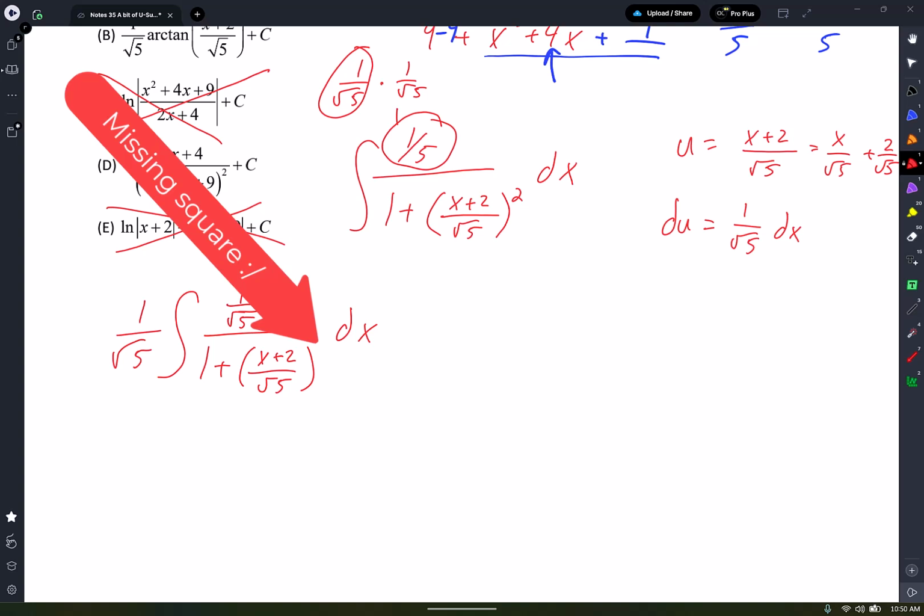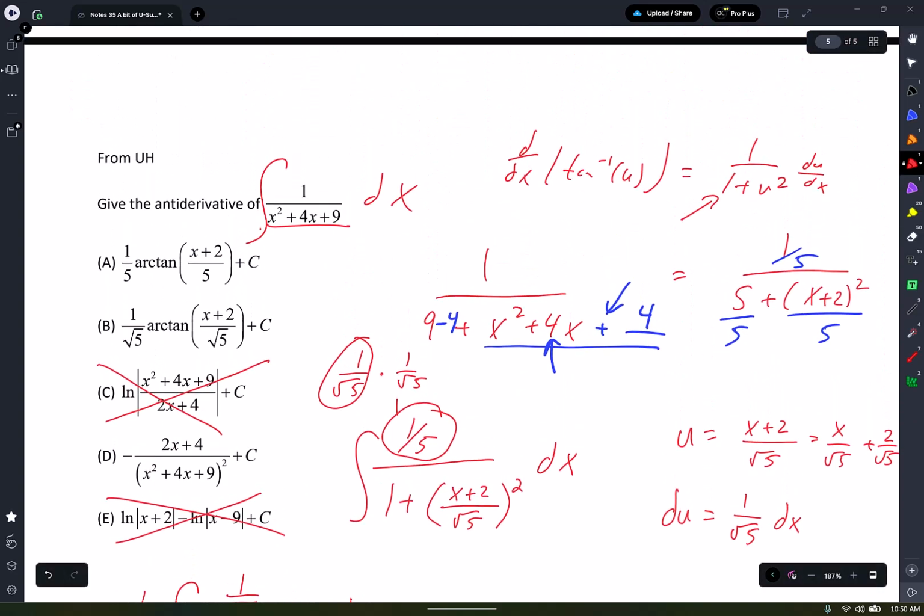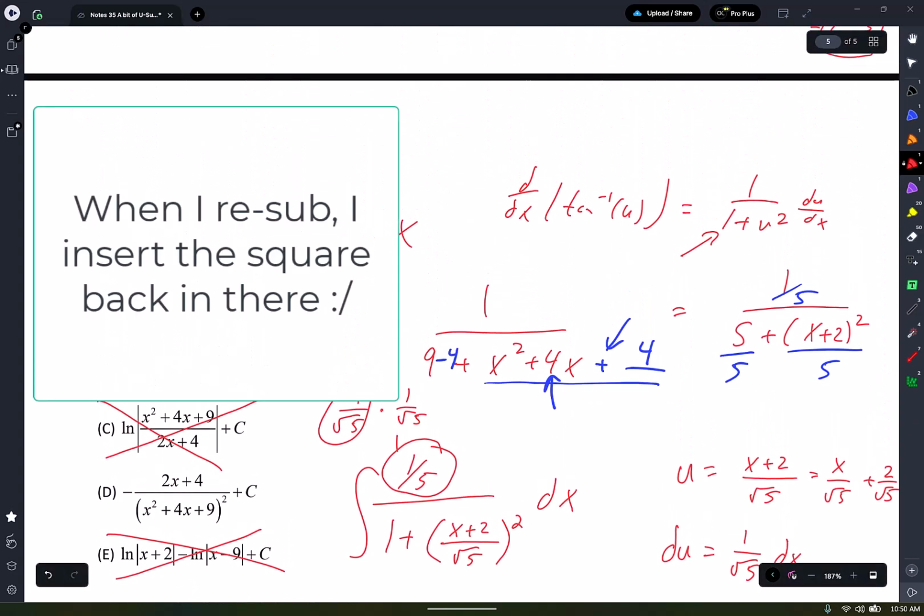Can you explain one more time why you divided by square root of 5? Well, I divided by 5, not square root of 5. I needed to have a 1 on this upper left-hand corner because I know my derivative of arctan has a 1 there. So I said, well, I already have a 5 there, so divide by 5, divide by 5, divide by 5. And then I said, okay, well, there's my 1/5. 1 plus, look, I put a square on it. So there's my 5.